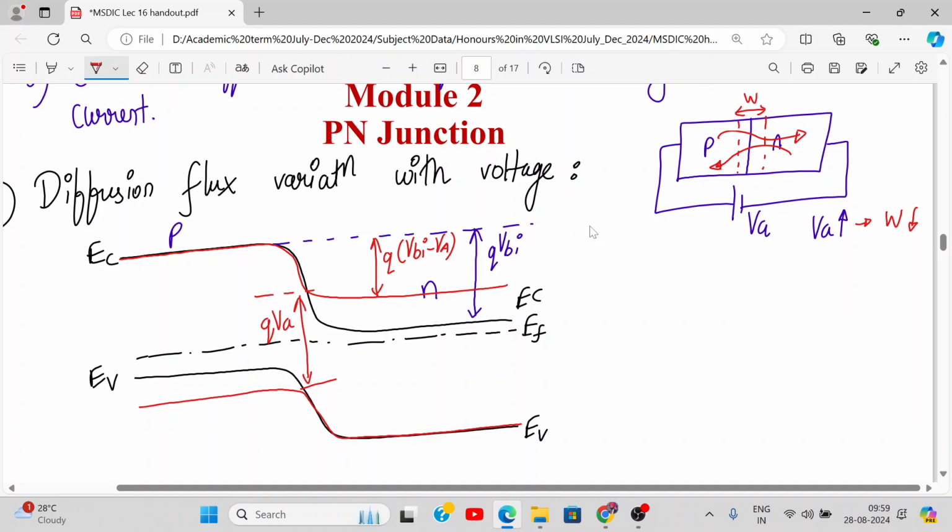EV1 means what? Acha, you mean to say this? Actually, the board shifts above. So if I draw it separately, wait, let me draw it separately over here. So this is what the energy band diagram looks like right now.